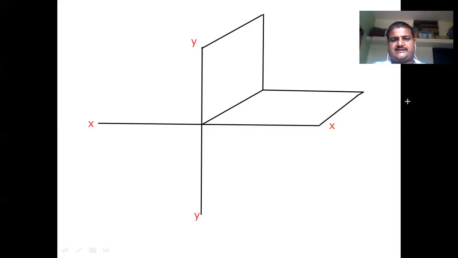Such a view is known as an isometric view. So I'll try to complete the diagram over here. Full coordinate system I want to draw.